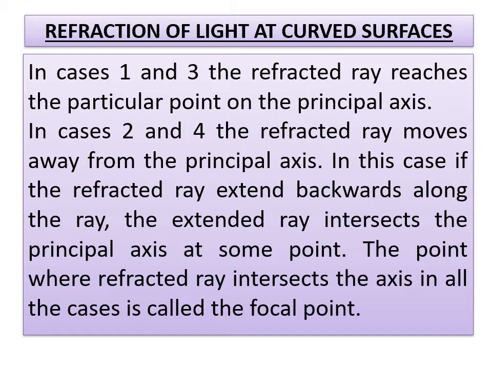The extended ray intersects the principal axis at some point. The point where the refracted ray intersects the axis in all the cases is known as the focal point. In detail, in one of the parts, we will learn what the focal point is.